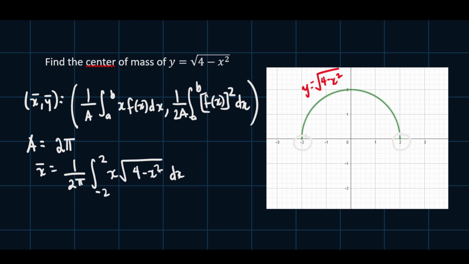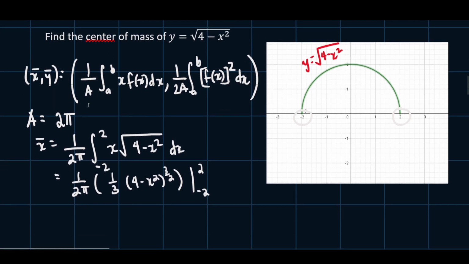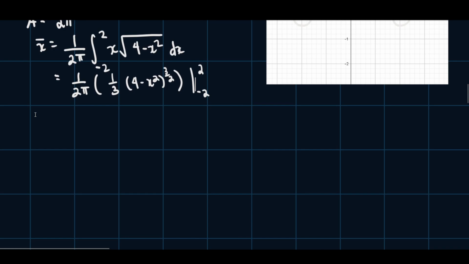Then, manipulating the given, we get that this is 1 over 2 pi times 1/3 of 4 minus x squared raised to 3 halves, evaluated from negative 2 to 2. At x equals 2, note that this will be 0, as well as at x equals negative 2. So this part here will just be 0.